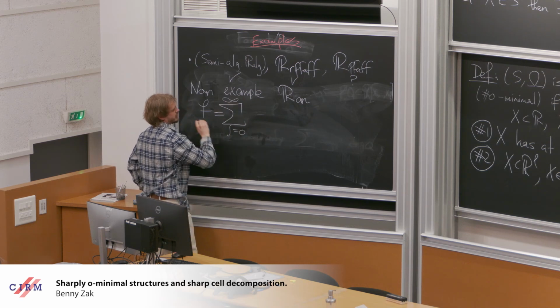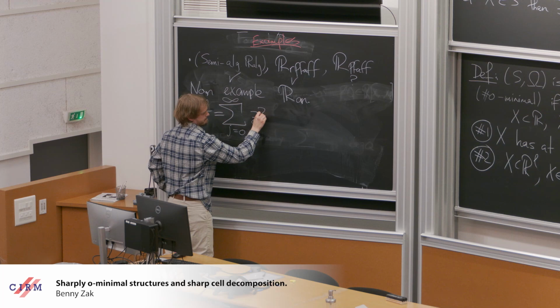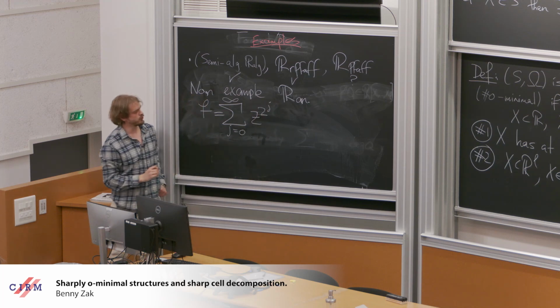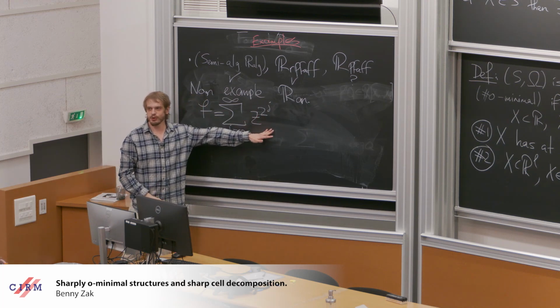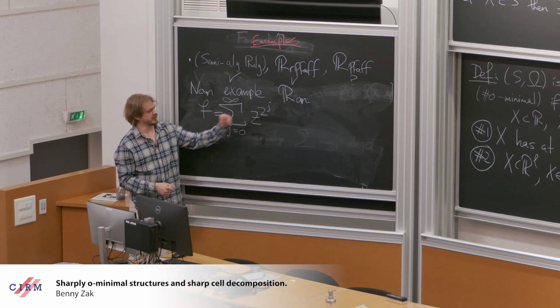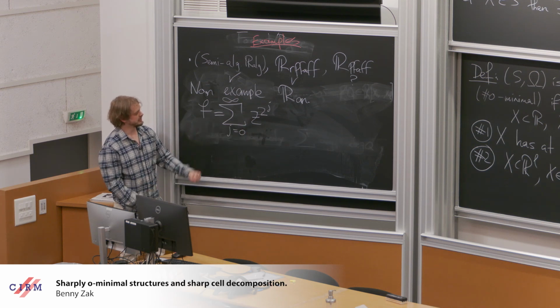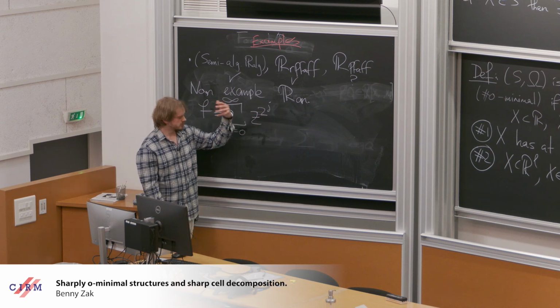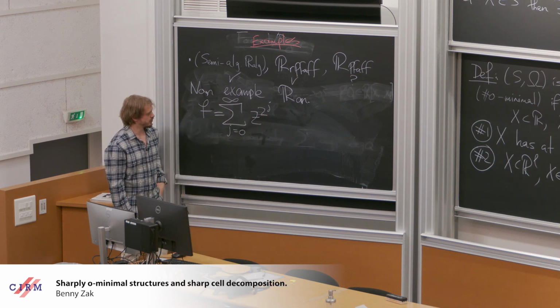It's a strange function. It's a power series in z to the power 2 to the power j, but it has many gaps in the powers, right? So the next power that you have is just, anyway, you understand what is written on the board.